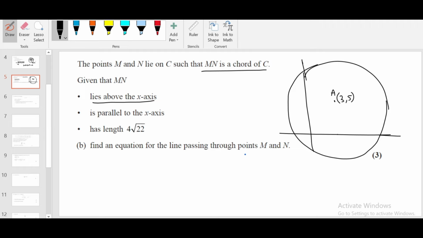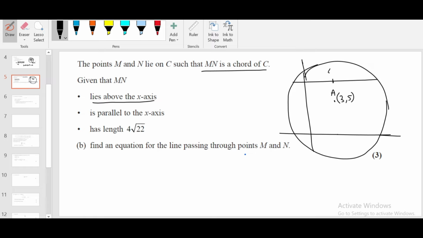We don't need the exact figure. Now they are talking about a chord here above the x-axis, parallel to the x-axis, which has length 4 root 22. This whole length is from here to here.